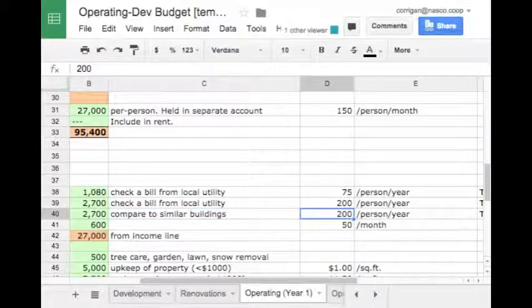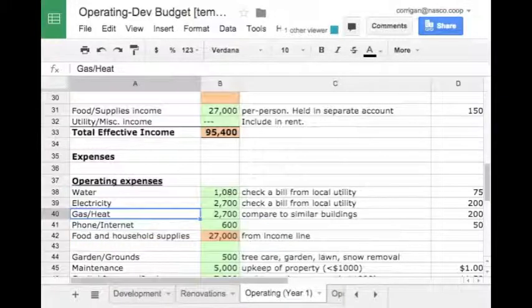That's obviously going to vary a lot depending if you're in a hotter or colder climate, air conditioning using more electricity, gas more for heat. Also depending on the type of heat source. You might have electricity for heat, you might have a wood stove, you might burn kerosene. So you'll want to take a look at what things look like in your neck of the woods.